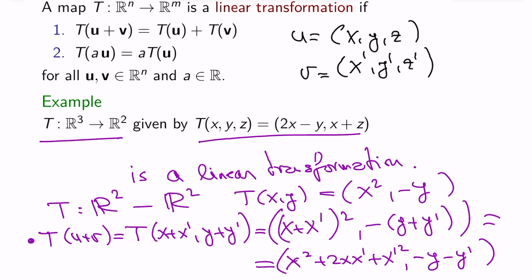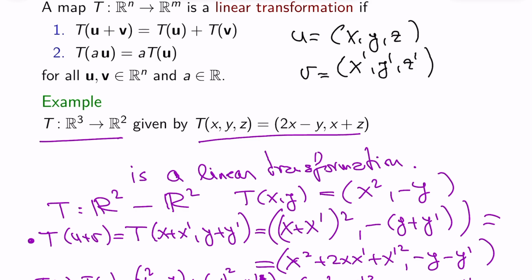Now, if we want to calculate now T of u plus T of v, we can see that T of u is simply x squared minus y, and T of v is x prime squared minus y prime. When we add them, we get that this is x squared plus x prime squared, comma, minus y minus y prime.